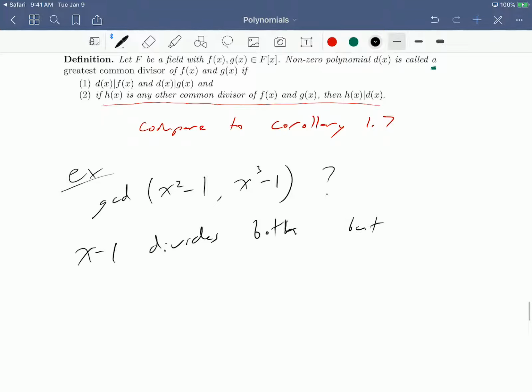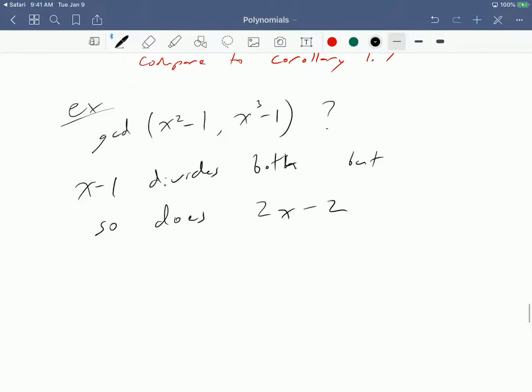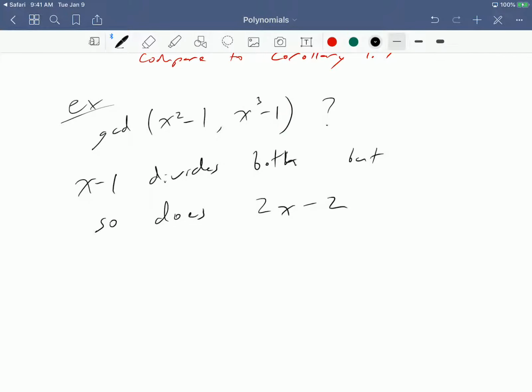It's the largest degree polynomial that divides both. But the problem is that so does 2x minus 2. That divides both also. You just have to factor out an extra 2, leaving a 1/2 in there after you've pulled it out. And we could do that in lots of different ways. I could factor out 1/3, so 1/3 x minus a third, if I wanted to, and lots of other things.